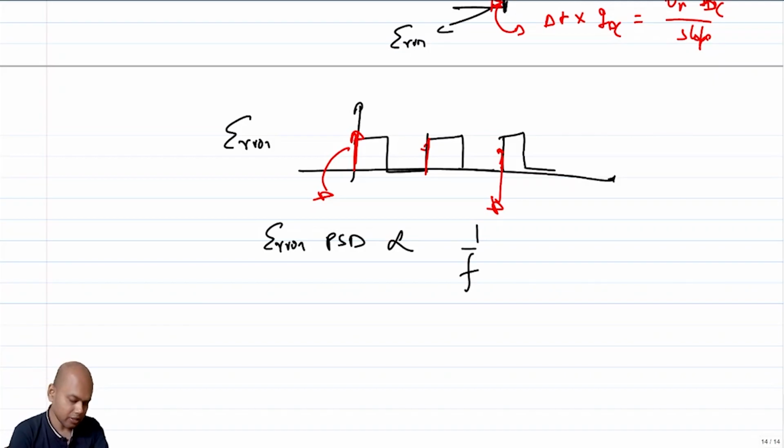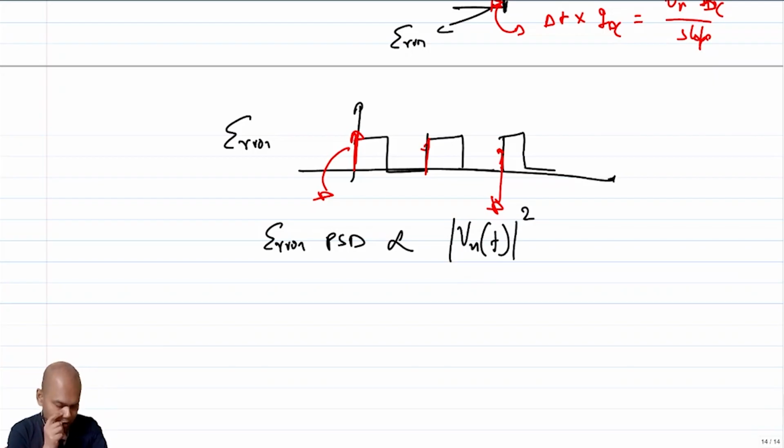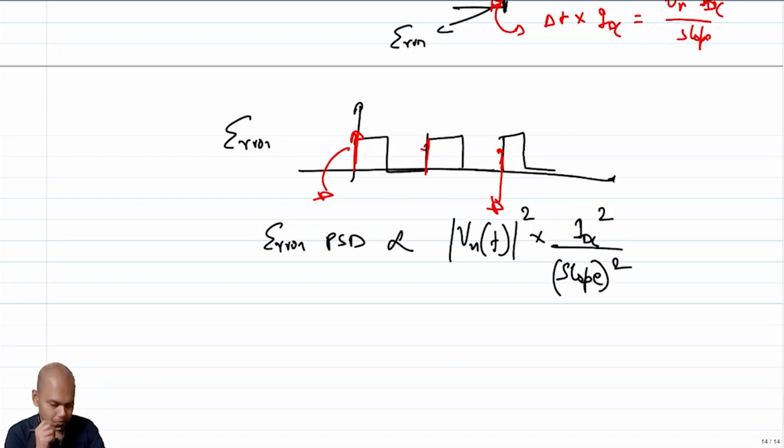I should not say 1 over f, because f can mean many things. I'll just say mod of Vn of f whole squared, times IDC whole squared by slope squared, correct? This is all we need to know as a designer.